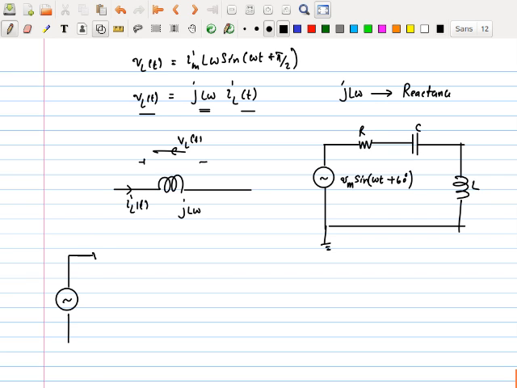There you are. R is always R, no change. Here, this is C, so I have to substitute it with 1 over jC omega. Then I have an inductor. That inductor should be jL omega.